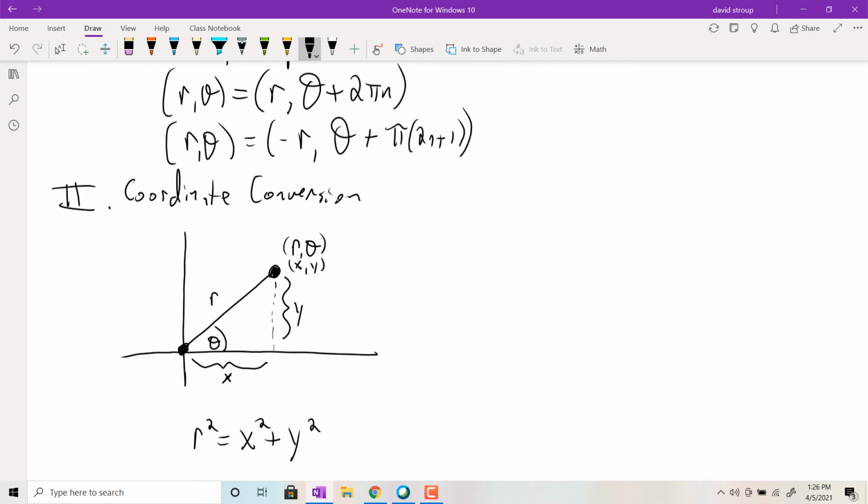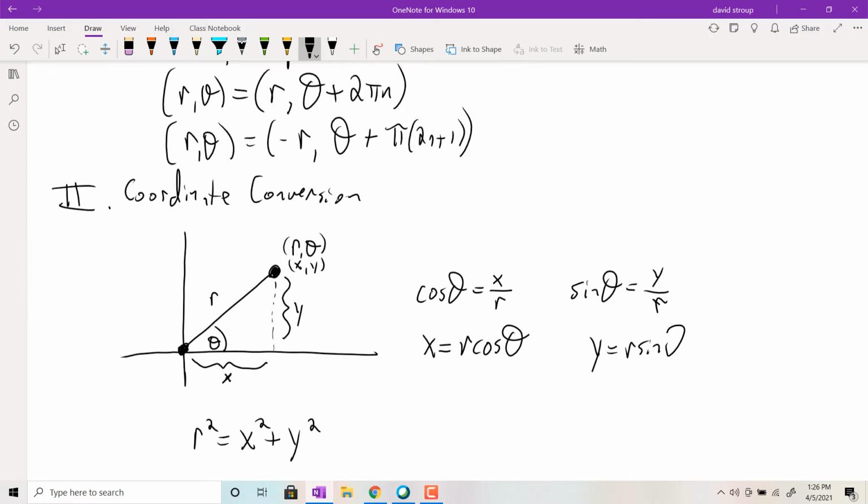Trig tells us that the cosine of theta is equal to adjacent over hypotenuse, so x over r. In other words, we can convert x into polar coordinates using the formula x equals r cosine theta. And we can do the same thing with sine. Sine is opposite over hypotenuse, so y equals r sine theta.